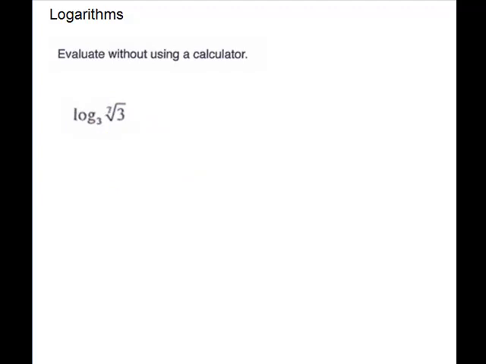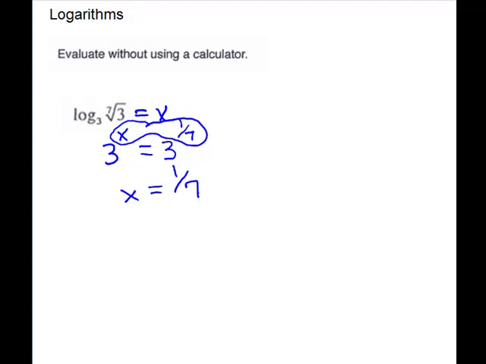So for our next one, if we say this is equal to x, we will do 3 to the x equals, we'll change this form, 3 to the 1/7. And our bases are equal in an equation, so that means the exponents must be equal. So x is equal to 1/7, and we're able to evaluate.